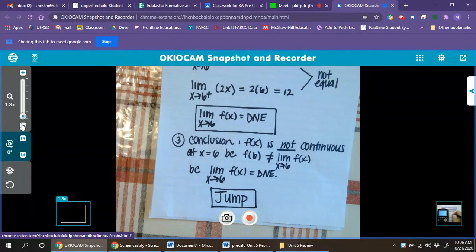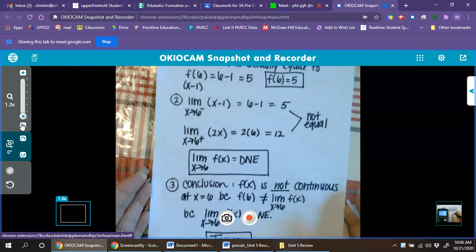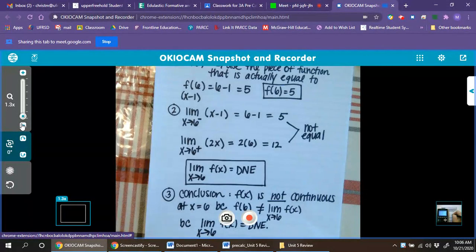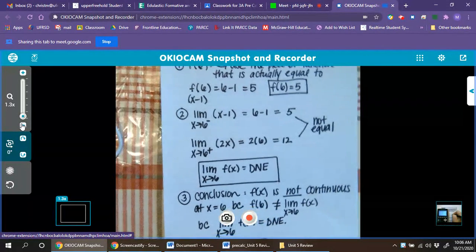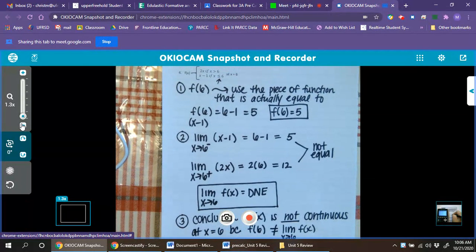It just depends on the two functions that you're working with and at what value it's asking for the continuity. For a piecewise function, can it only be continuous and jump? It can't be like infinite? Yeah, you're typically not gonna get a removable or an infinite in a piecewise function.